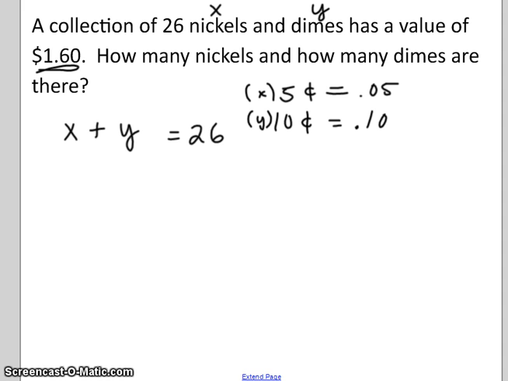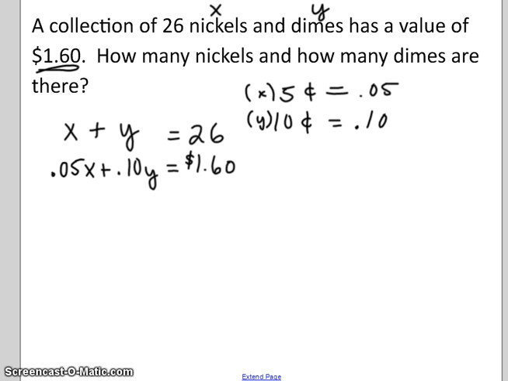Let's leave that 0 in to show that it's a dime. So we have 0.05X, because of 5 cents for every nickel, plus 10 cents for every dime will equal how much? $1.60. Don't need the dollar sign, but I wrote it there anyways.